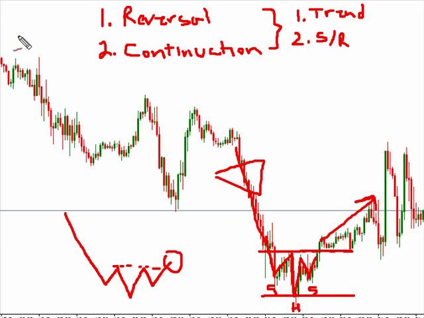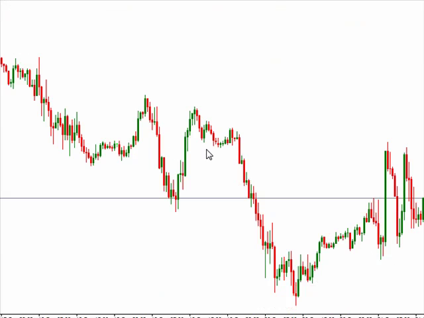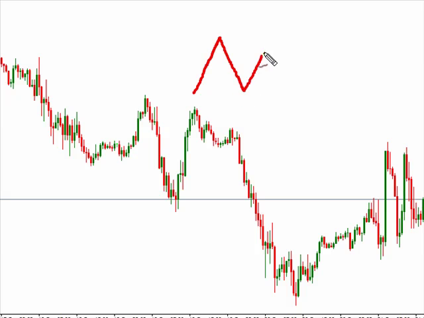Now there's other types of patterns that are reversal, such as double tops or triple tops. If we look at, for example, just drawing these out, these can be topping patterns or bottoming patterns. Some people call this an M pattern.